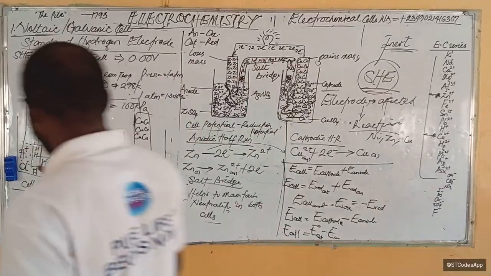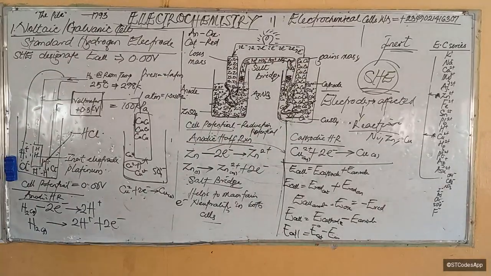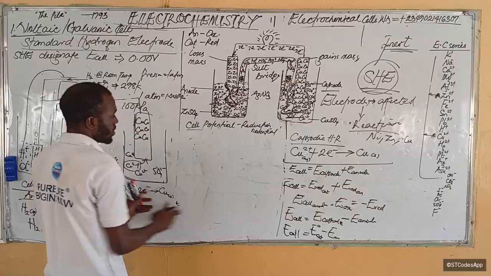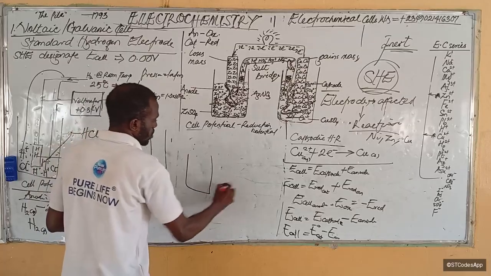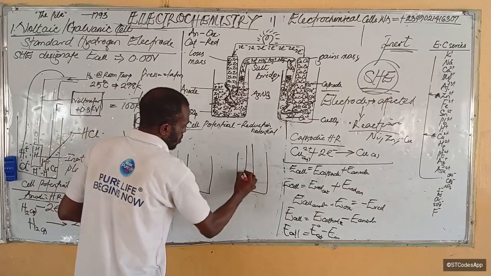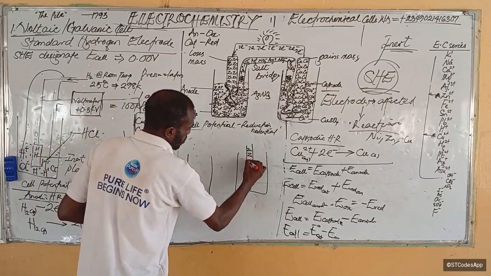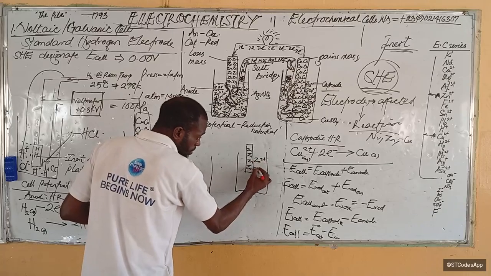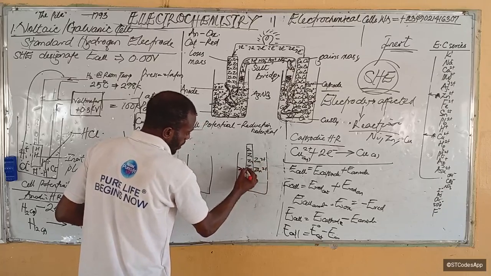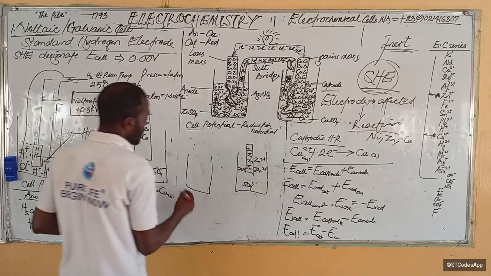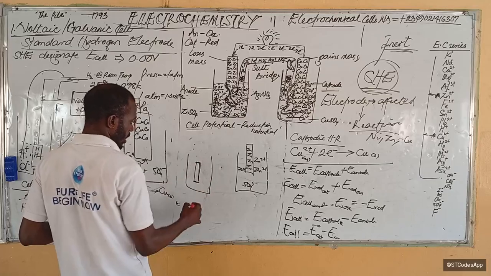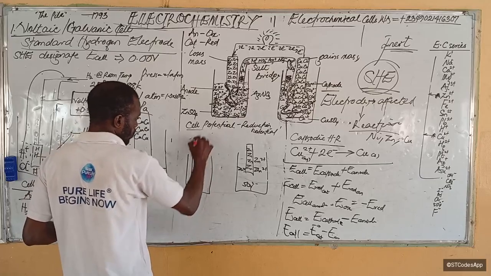Now, with zinc, the case is quite different. When you connect your zinc and zinc 2 plus, the same system, and of course SO4 2 minus, here you have your inert electrode that is not affected, then your U-tube.